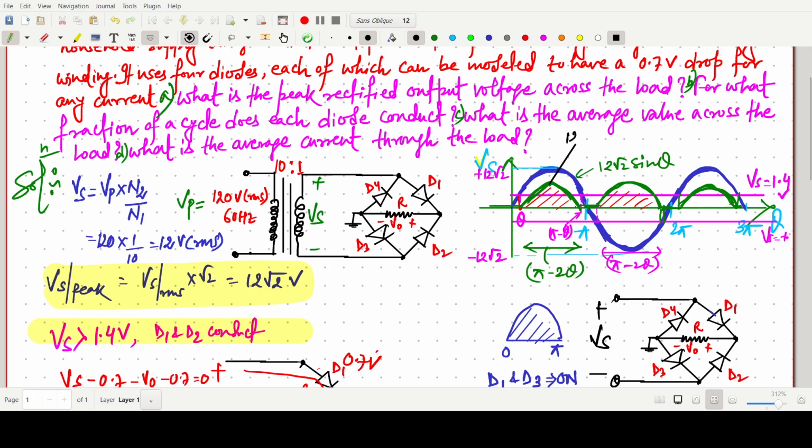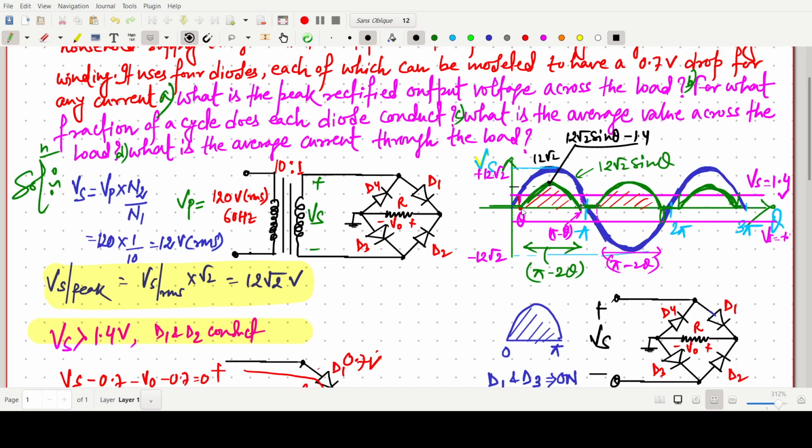So this curve will be 12 root 2 sine theta minus 1.4. So basically this one. So this one is dropped by 1.4 down. Okay, so 12 root 2 is this one minus 1.4. So the equation for this curve will be 12 root 2 sine phi.